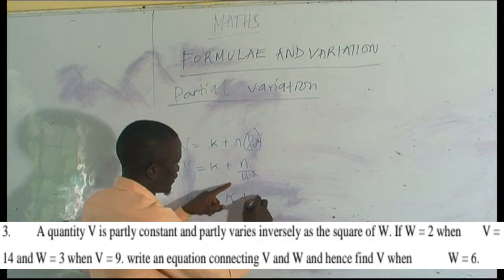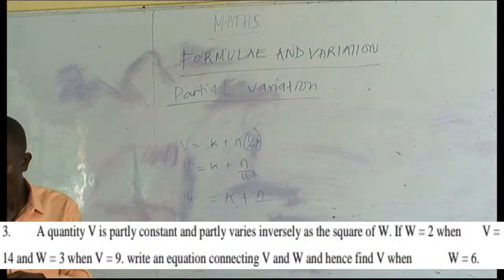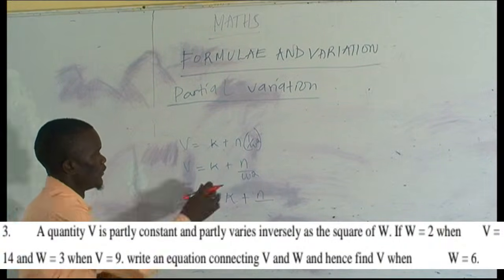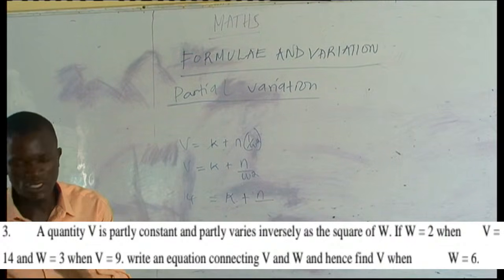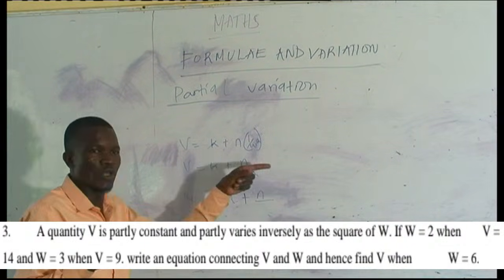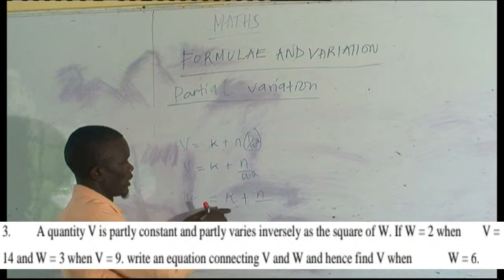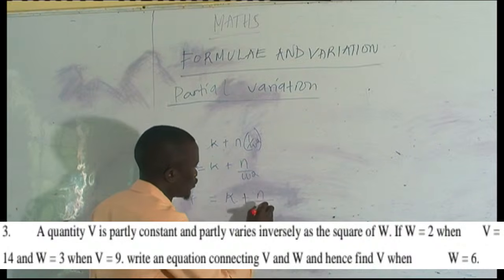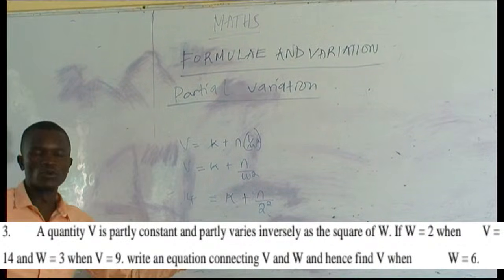But what is the value of W? The value of W is 2. But we have W squared. So 14 is equal to K plus N over 2 squared. And you know that 2 squared is equal to 4.